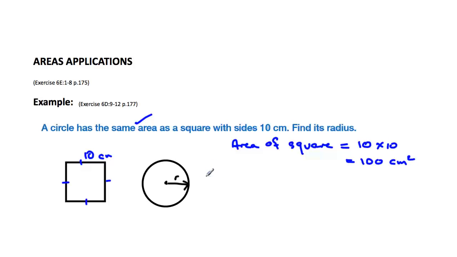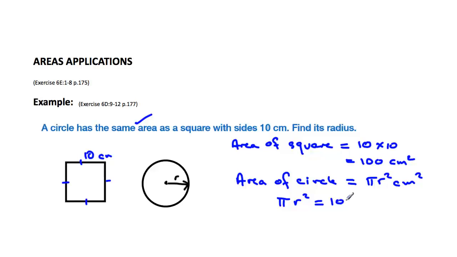Now that's also the area of our circle. But we know that the area of the circle is equal to pi r squared centimetres, but we don't know what the radius is. But we do know that this and this are the same. The area of the circle must be 100. So let's make up an equation. Pi r squared must be equal to 100.